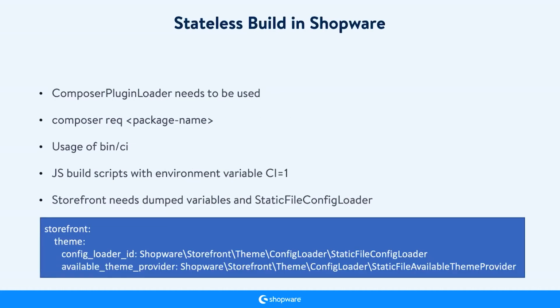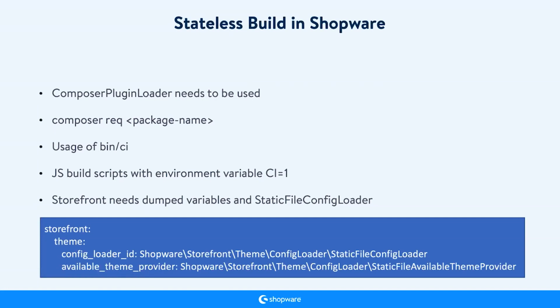Like I said, we need a stateless build in Shopware for the build phase. So we need to use the Composer plugin loader that requires all the plugins we need. We use bin CI instead of bin console, so that the database itself will not be used for building, for example, the JavaScript files with Webpack and so on.